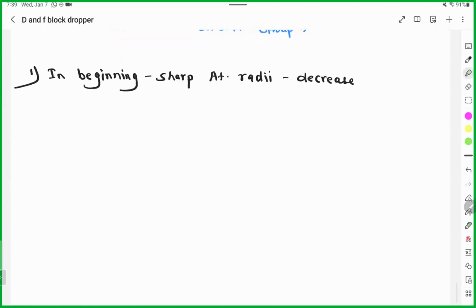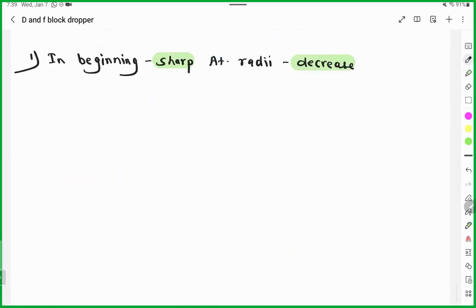Now tell me, Sarah, if in the beginning the size decreases sharply, what could be the reason? The nuclear charge increases, the size decreases. Exactly. So what happens?